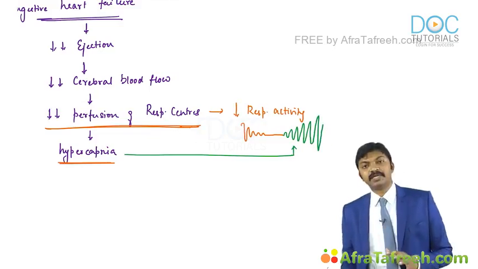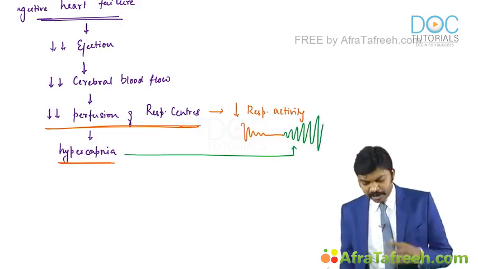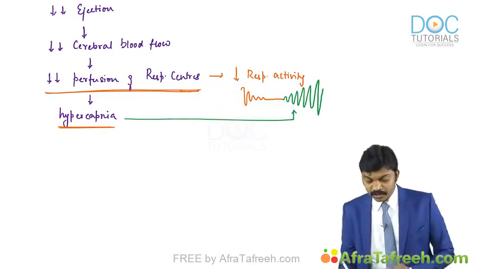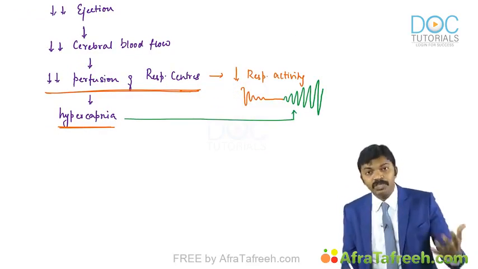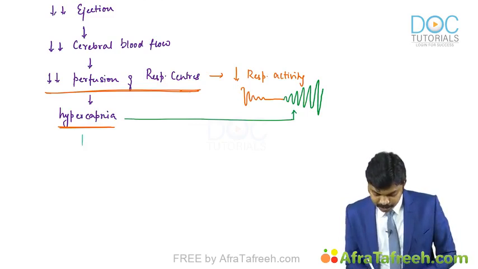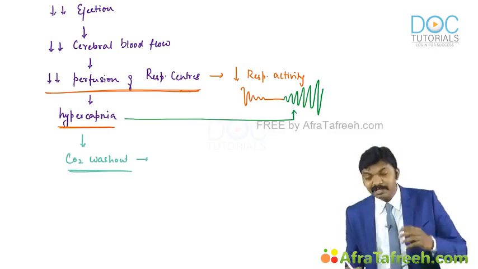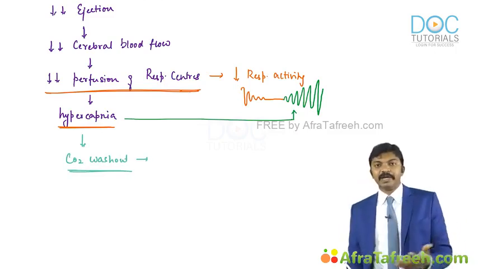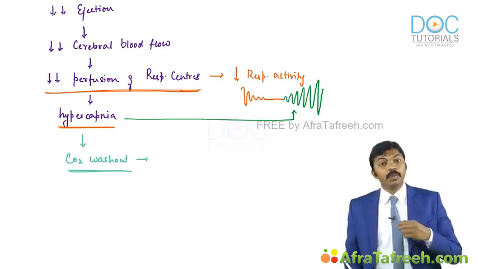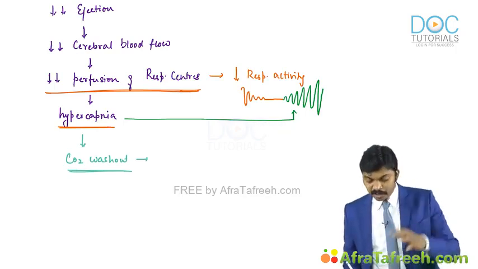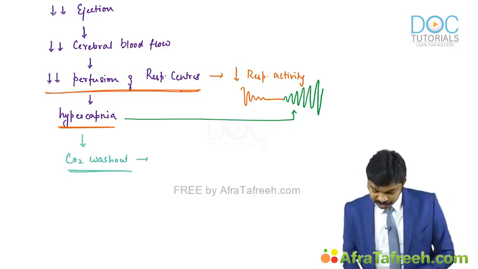With increased amplitude, the hypercapnia will be washed out, isn't it? So this leads to carbon dioxide washout. As carbon dioxide washout happens, the trigger to activate respiratory centers is taken off. With the trigger lost, there will be a gradual reduction in amplitude of respiration.